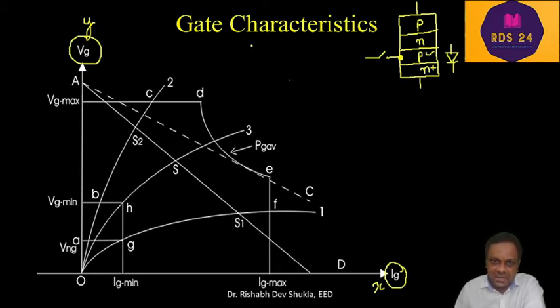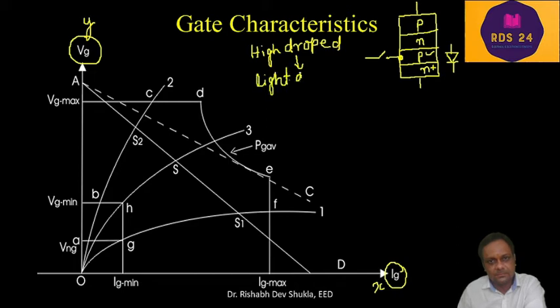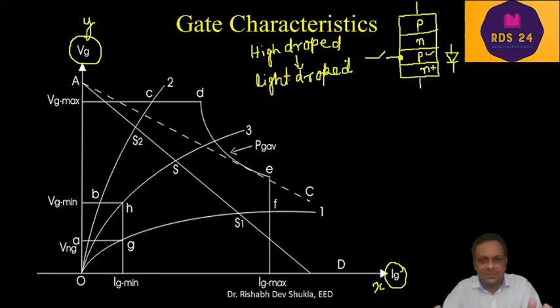As we go from the highly doped to the lightly doped region, we find scattering between the curves. Our characteristic will be scattered between different curves, from highly doped to lightly doped.